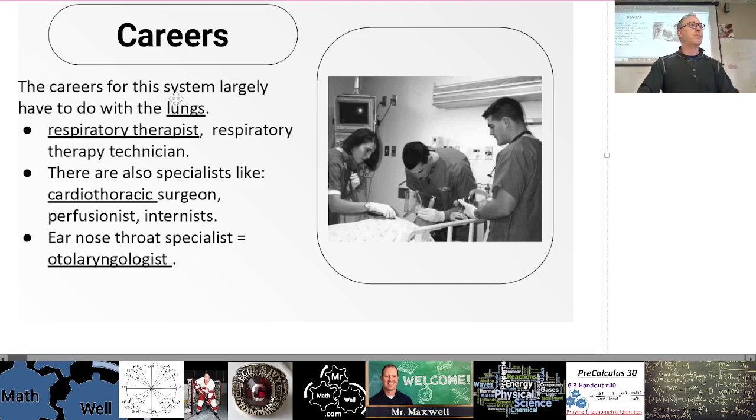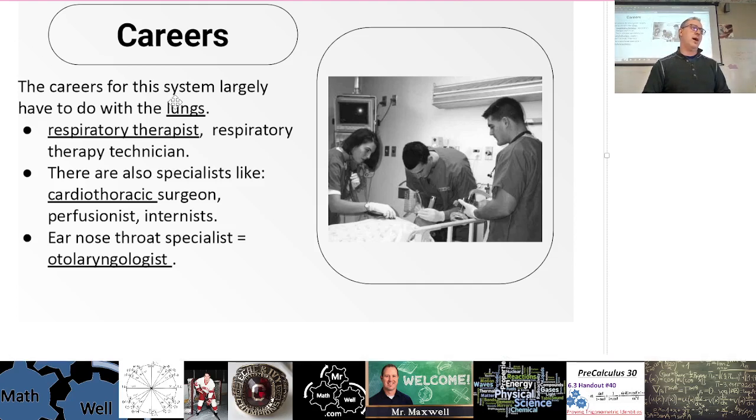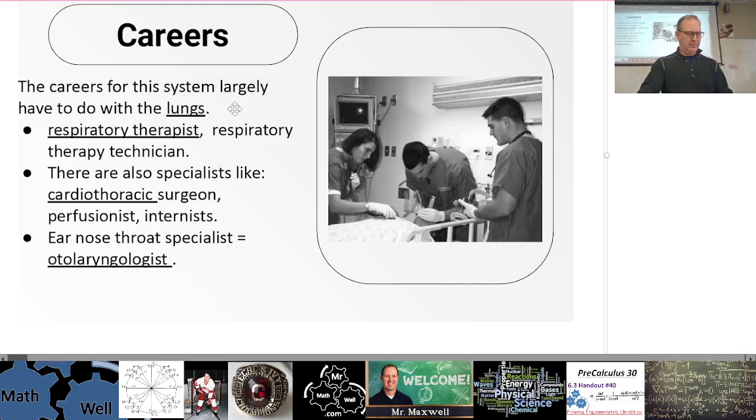The blanks are a bit weird. Yeah, there's extra blanks. Well, thanks a lot. Sorry. There's like extra blanks or words that need to go in there. Which part specifically? The last one. For careers? Okay, well, make sure you have everything that's on here. So respiratory therapists have to do with the lungs, respiratory therapist. Okay, so respiratory therapist you guys have on there.